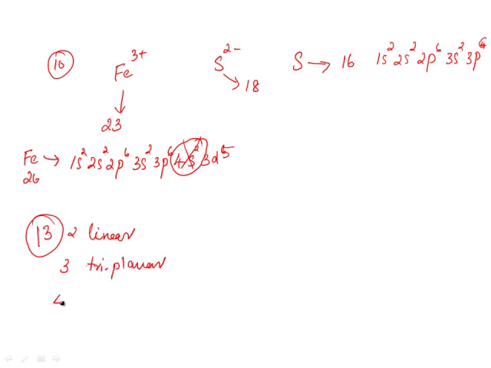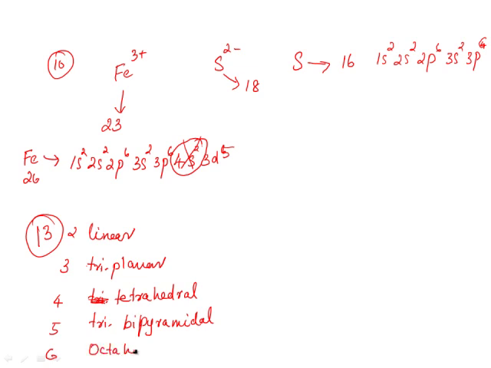When you have four, tetrahedral. Five is trigonal bipyramidal. I always get confused with that spelling. And when you have six, octahedral. So these are the basic geometries, right? Electron pair geometries.